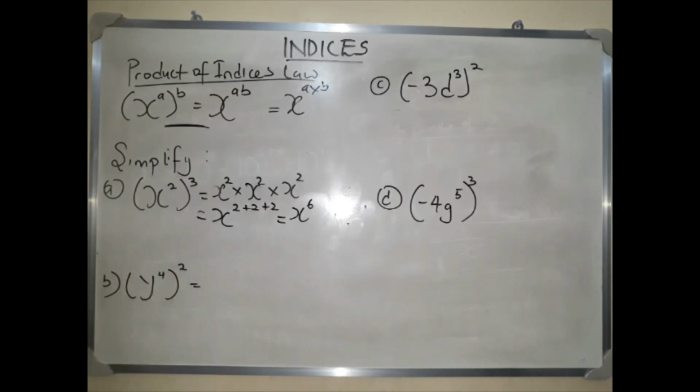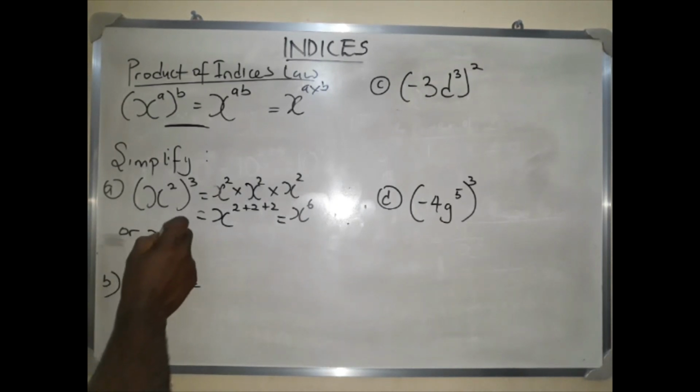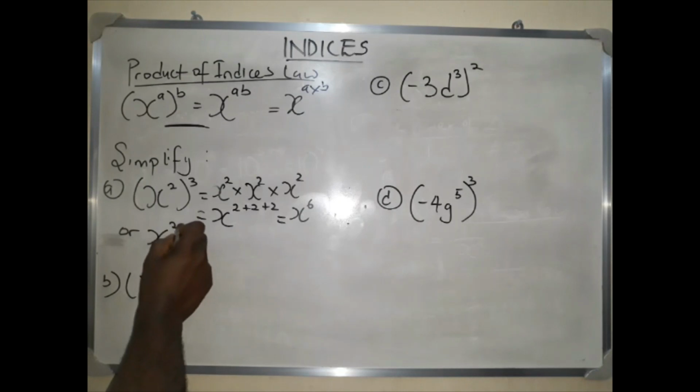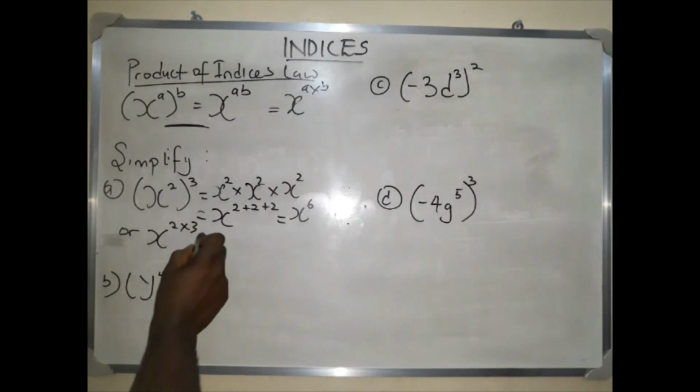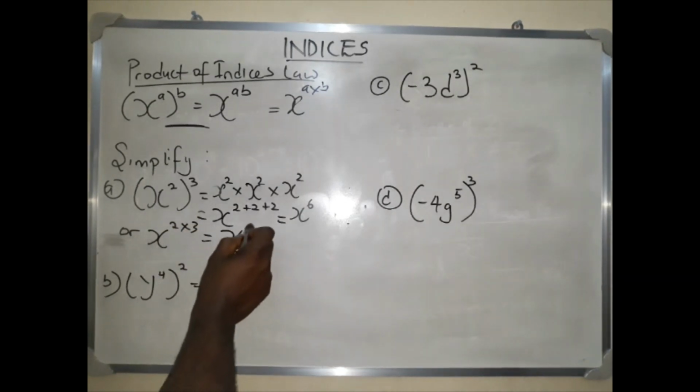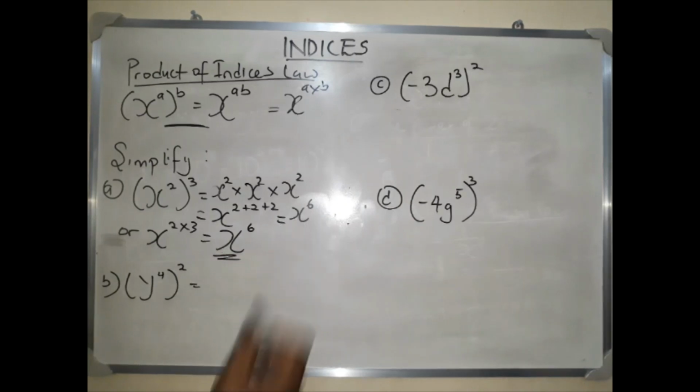Now, this is one way you can simplify this expression, or you can just go ahead and use the product of indices law and say x raised to power 2 times 3, which gives you x raised to power 6, which is the same answer we got here.